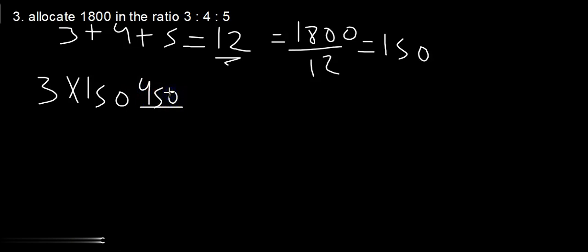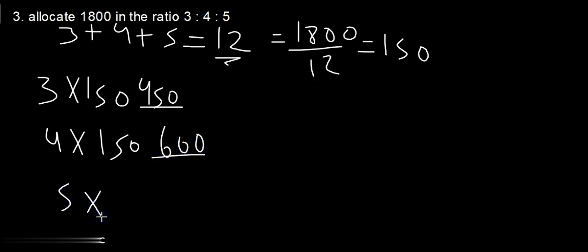I'm also gonna multiply 4 by 150, and I'm gonna get 600. And lastly, I'm gonna multiply 5 by 150, and I'm gonna get 750.